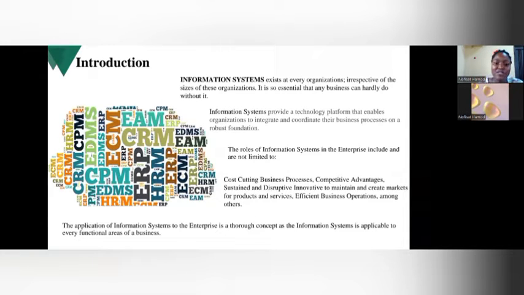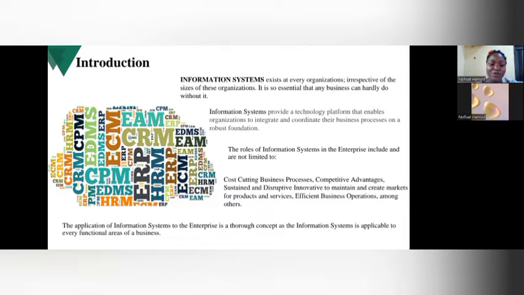The information system provides a technology platform that enables organizations to integrate and coordinate their business processes on a robust foundation. The roles of information systems include cost-cutting business processes, competitive advantages, and also sustained and disruptive innovation to maintain and create markets for products and services.